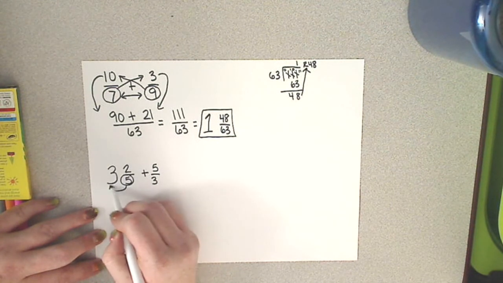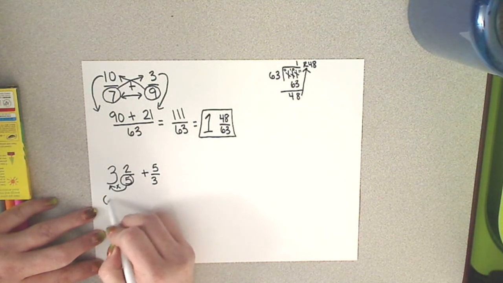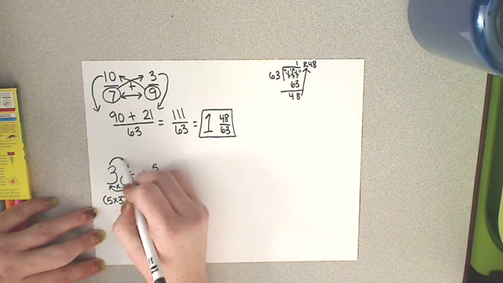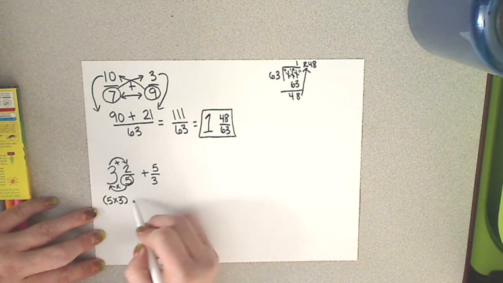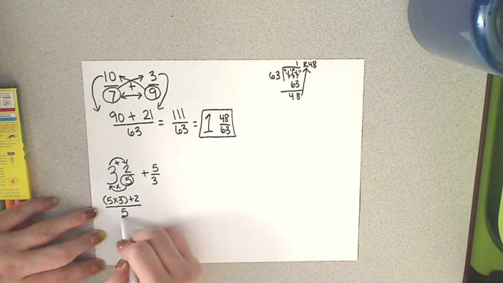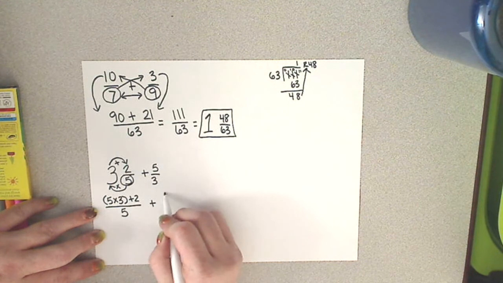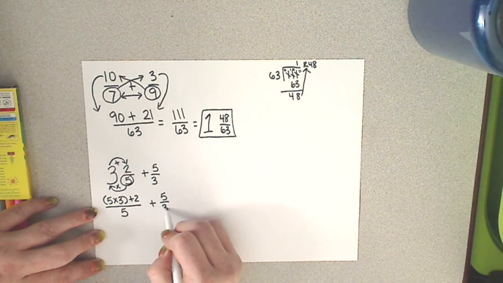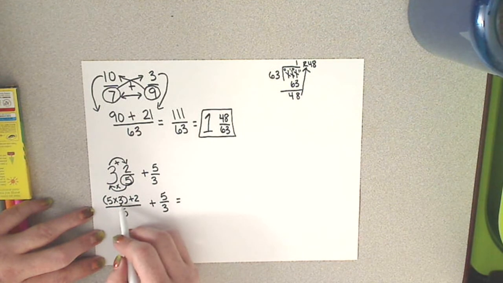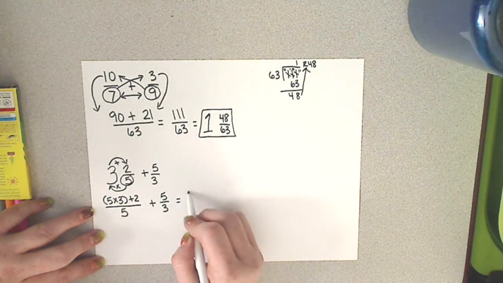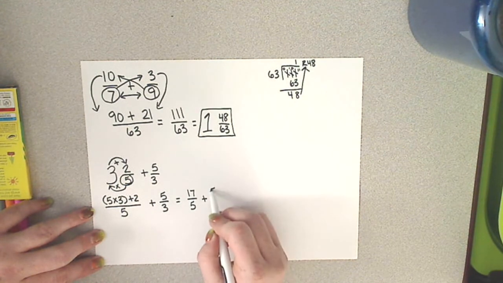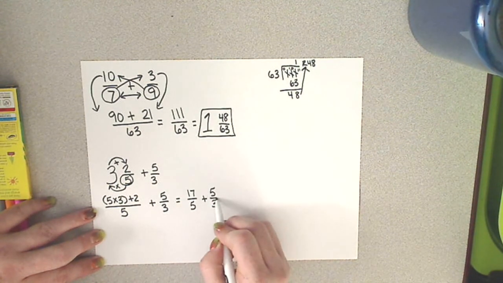So 5 times 3, then we add 2. The denominator does not change. We're still going to be adding 5/3 to this. So now we can rewrite it. 5 times 3 is 15 plus 2 is 17/5 plus 5/3.